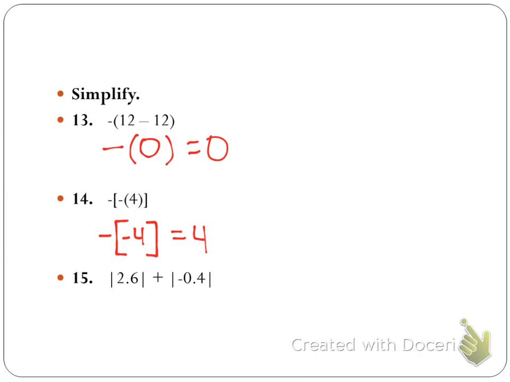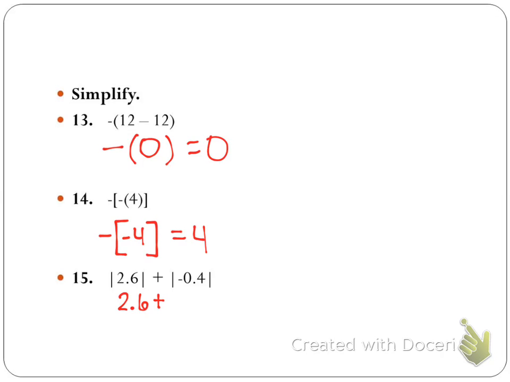All right, on that last section, once again, we've got two absolute values that we have to evaluate, and then we will add them together. May, what's the absolute value of 2.6? 2.6. Beautiful.